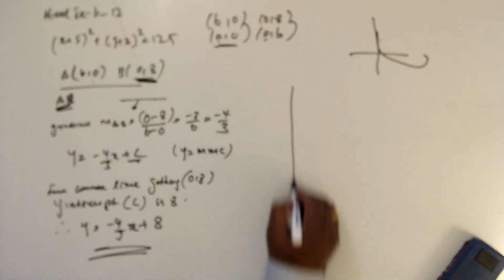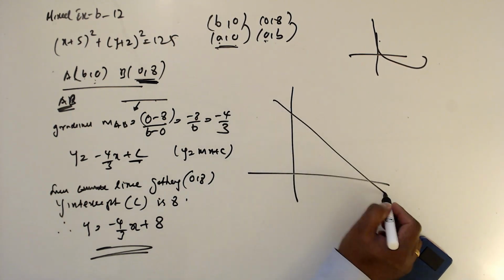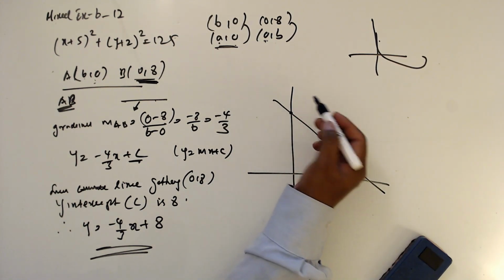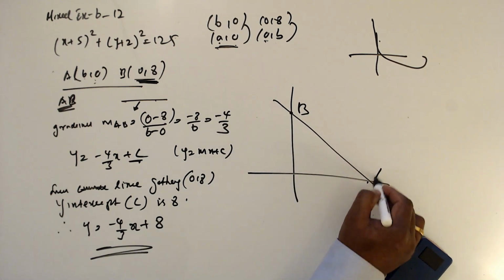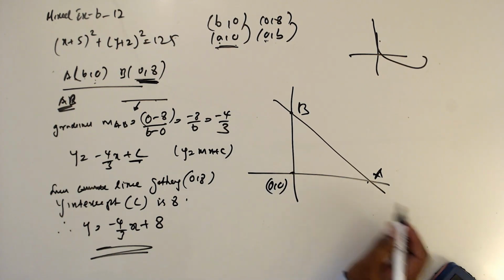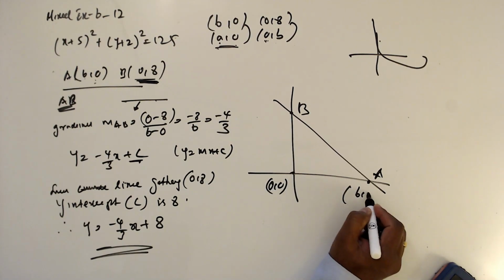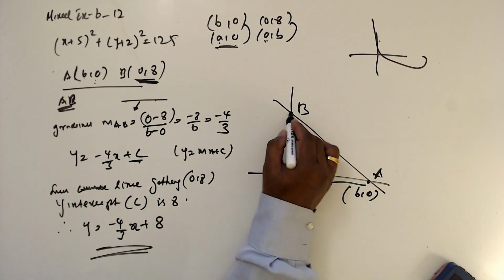Now the last part: find the area of triangle OAB. So this is B, this is A, and this is 0, 0. And we know this is going to be (6, 0). It means this distance is 6, and this is 90 degrees.